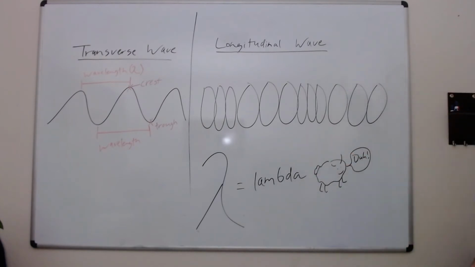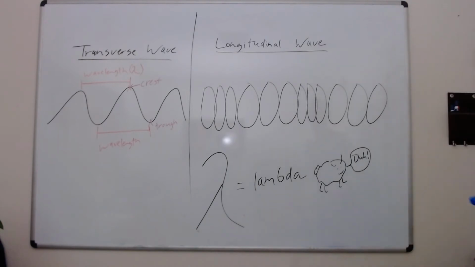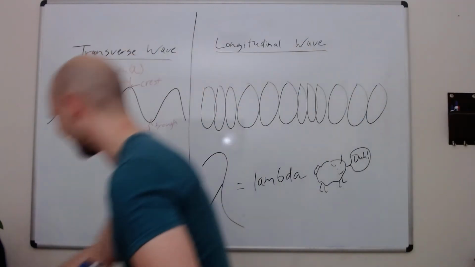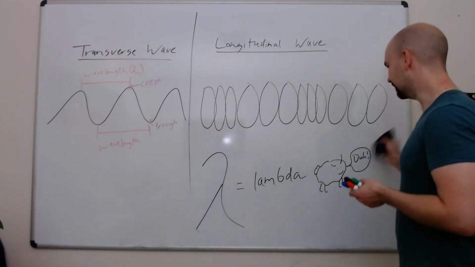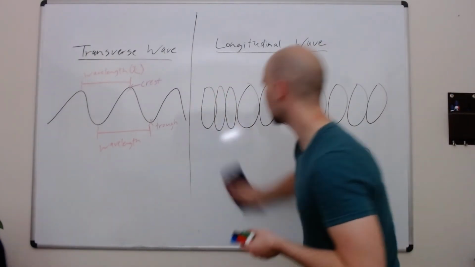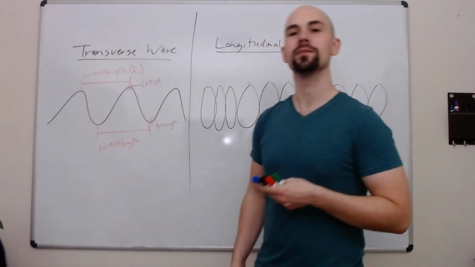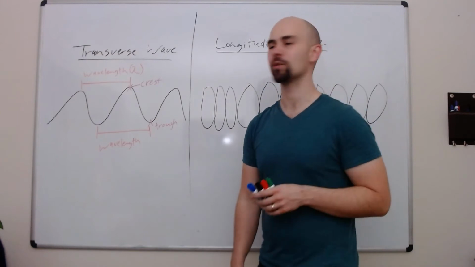Lambda. And that's just a symbol for wavelength, specifically. Wavelength, not for waves, for wavelength. Now, what exactly is the wavelength? The wavelength is the distance from crest to crest, or trough to trough on a wave.